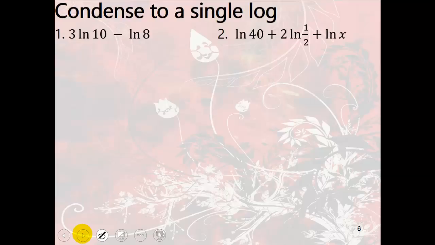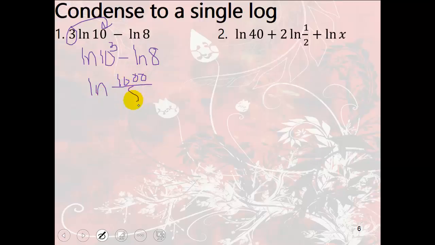We can also condense to a single log, and all of these things are leading us to solving. My coefficient here can be raised to the power, so I have the natural log of 10 cubed minus the natural log of 8. So this would be the natural log base e of 1,000 divided by 8.